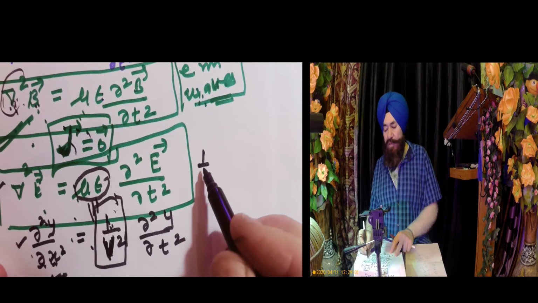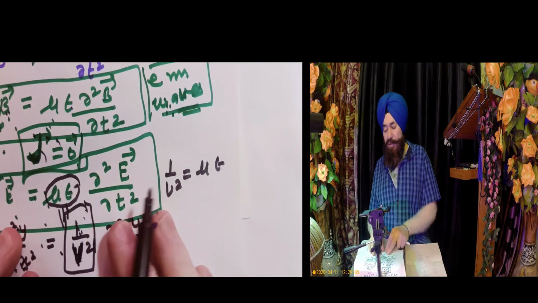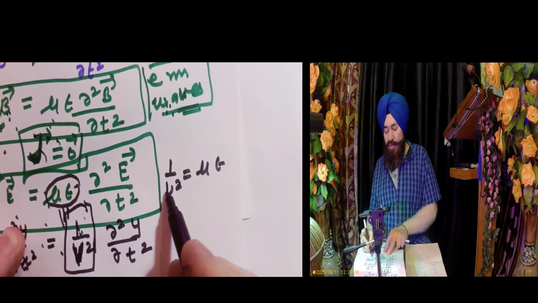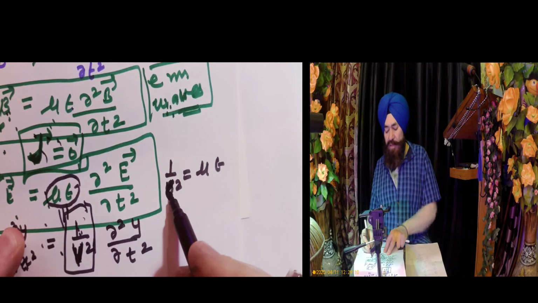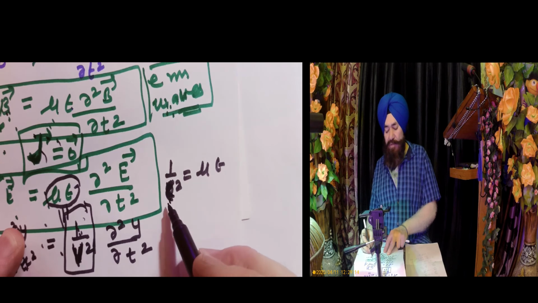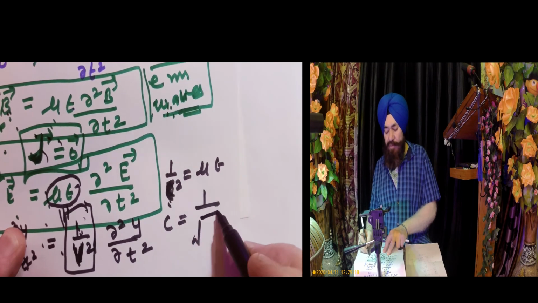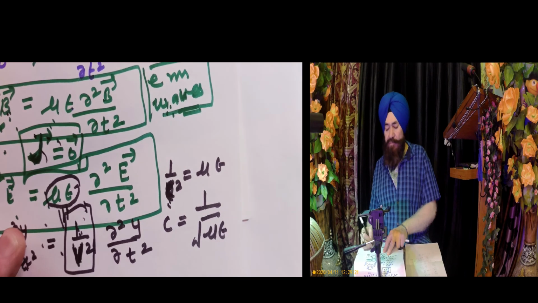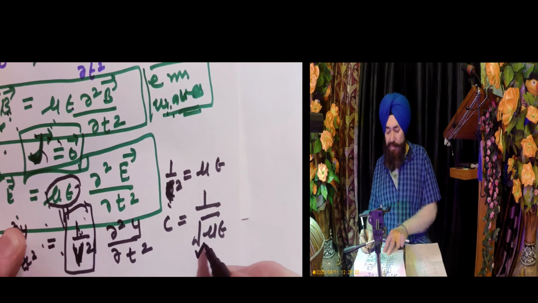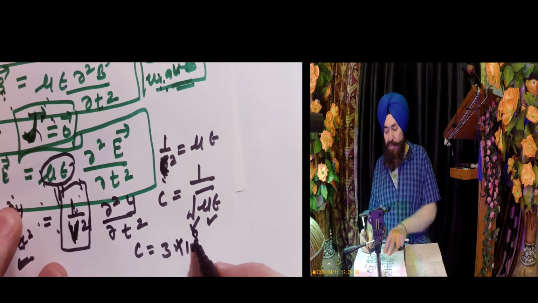So 1 over v square equals mu epsilon. And what is v? Better if I now say c, because I'm talking about the EM wave which is propagating with velocity c. So c becomes 1 upon under root of mu epsilon. If you substitute the mu epsilon, you will have exactly 3 into 10 raised to power 8 meter per second.